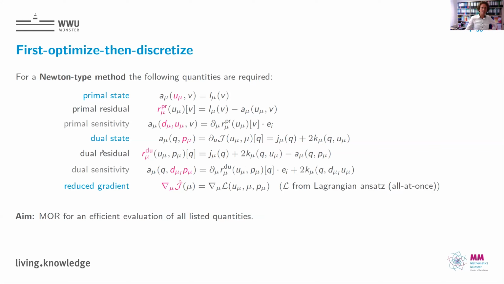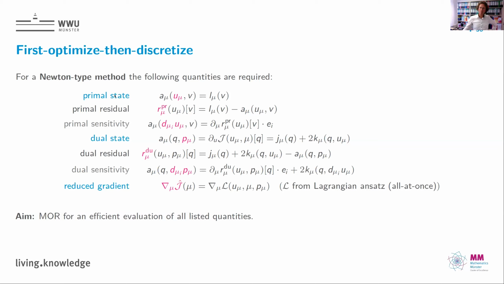And then you notice that this first order optimality system consists of a primal state equation, which is the underlying variational PDE constraint. You have, in addition, the dual state equation. So this is an additional PDE for a dual state P mu, where the right-hand side depends on the primal state U mu.